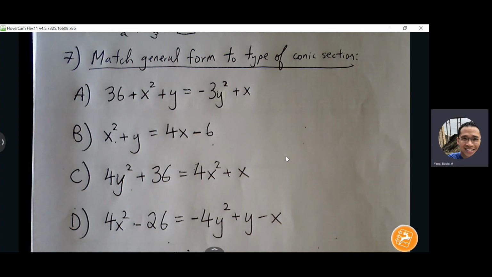Okay, I'll go back to number 6 if you guys haven't finished looking at that, but I want us to have a chance to write down number 7 first.